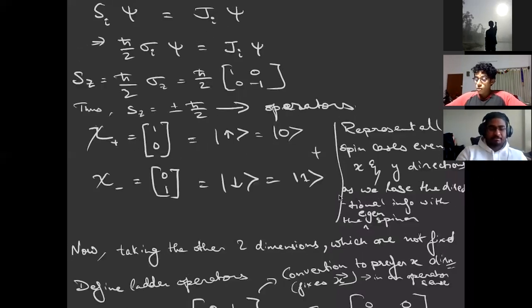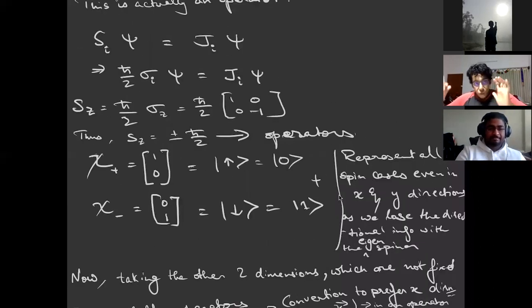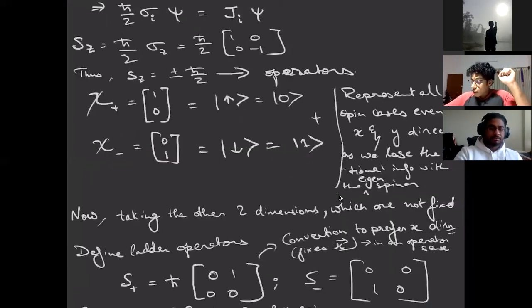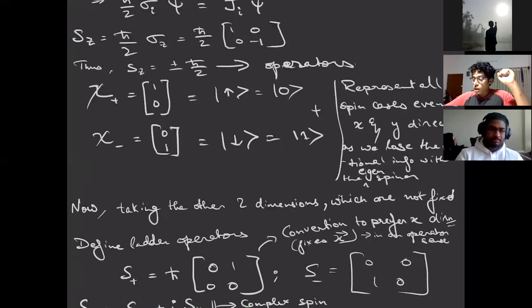One thing to definitely remember here is that you have fixed, in some sense, the spin along the z direction to be plus or minus half. You choose whether it's plus half or minus half, but you fix the spin along the z direction. After that, you introduce two spinors.